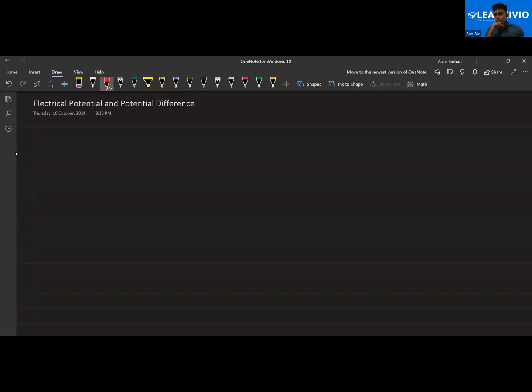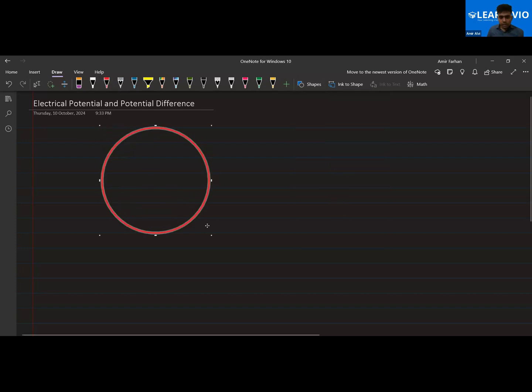Yes, sir. Okay, so now let's understand what is electric potential. In the last class I told you one example: if you switch on a heater in a room, there is a region confined in which the heat, the warmness, is experienced. Yes or no? Similarly, there is a region that is developed around an electric charge. That is called electric field. I told you about the same in the last class. Do you remember, everyone?